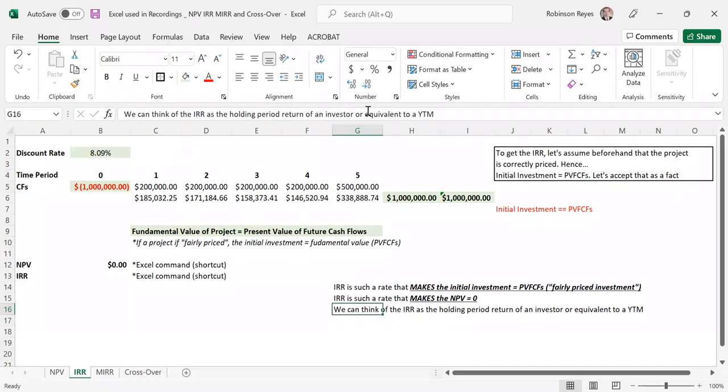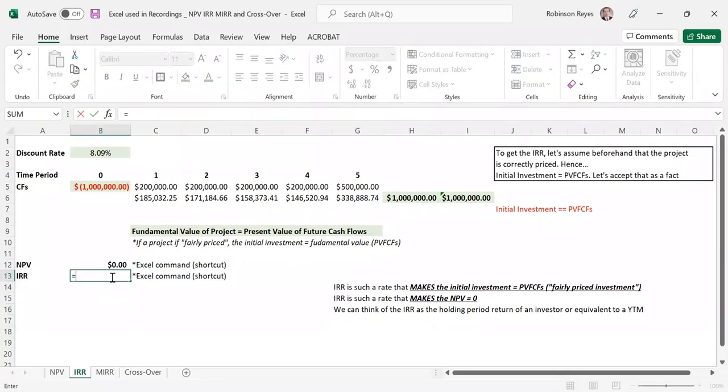Okay, so we found it with the goal seek, but can we find this in an easier way? Yes, Excel has this formula which is IRR. And now you will think, well, this makes my life much easier. And it is just IRR. Then you select all of the cash flows, including the initial investment. And there is an important distinction here. When we were calculating NPV before, we did not include that initial investment.